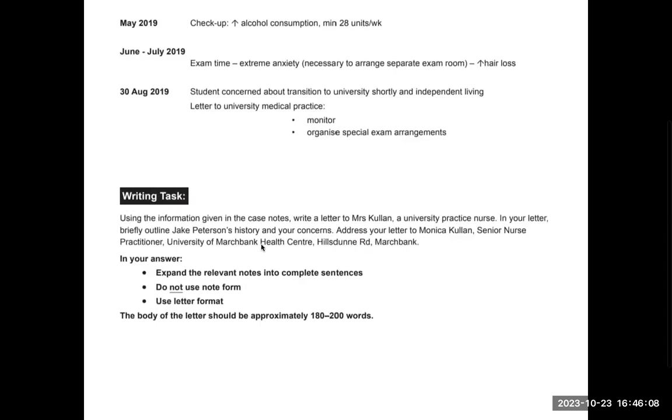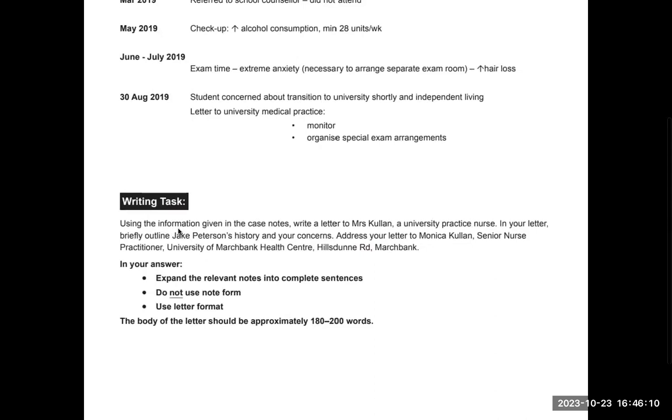So first of all, when you take your exam, you read the information from here. Using the information given in the case notes, write a letter to Mrs. Cullen, a university practice nurse. That means a nurse who is working in a university. In your letter, briefly outline Jack Peterson's history and your concerns.